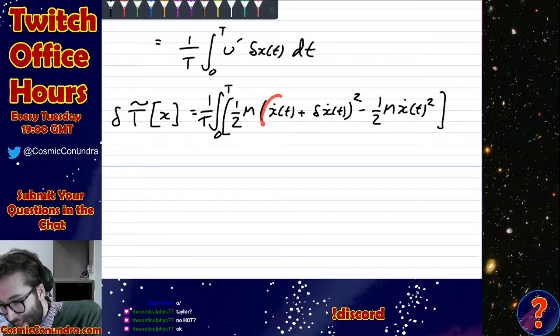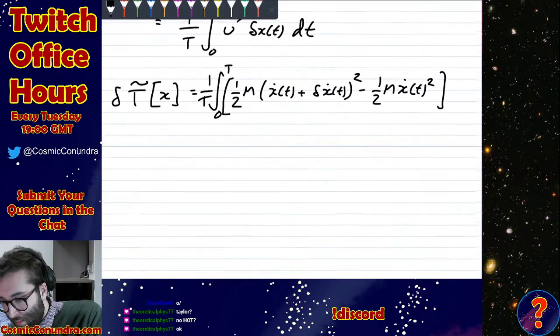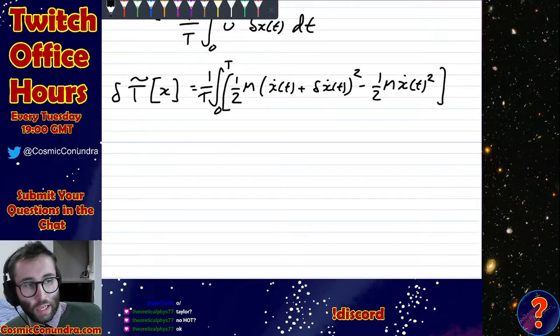And now we can expand this square here. When we do that, we're only looking for terms that are first order in delta again. Yeah, and there is a d/dt on this delta x here. You're right.